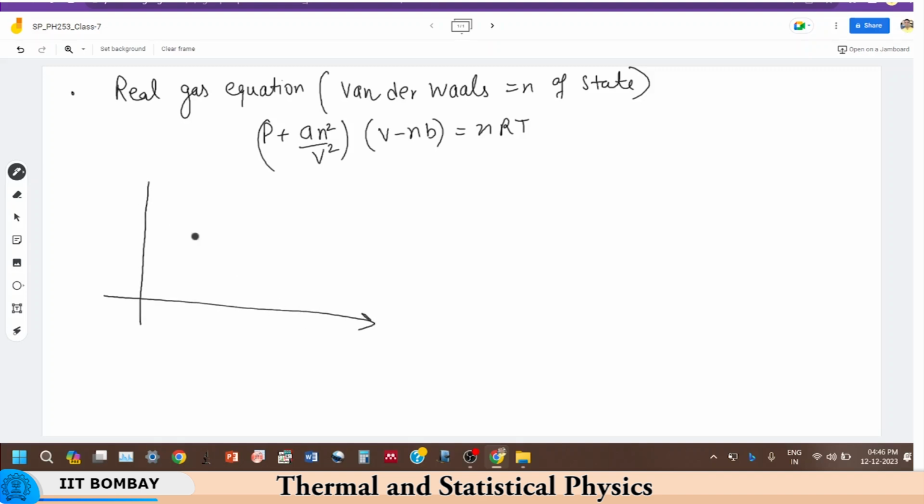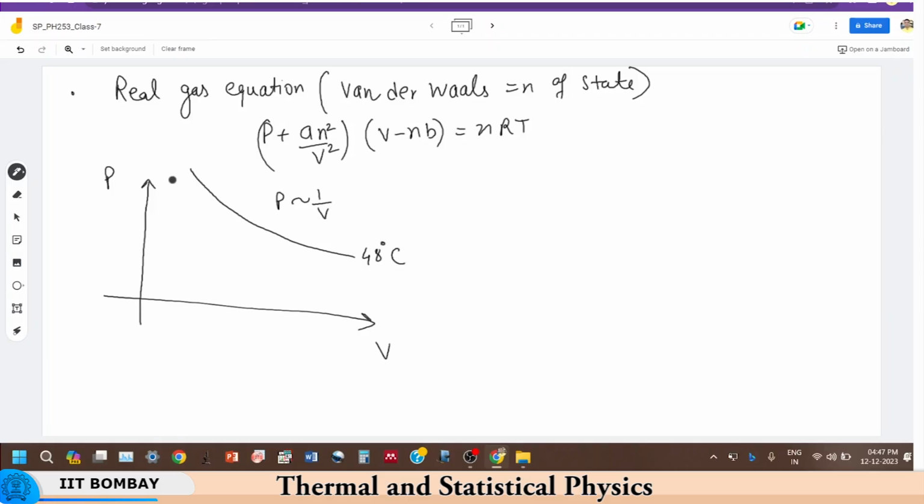Interestingly, he saw that if this is pressure and this is volume, at very high temperatures, P always decreased as inverse of V. This was at 48 degrees Celsius.